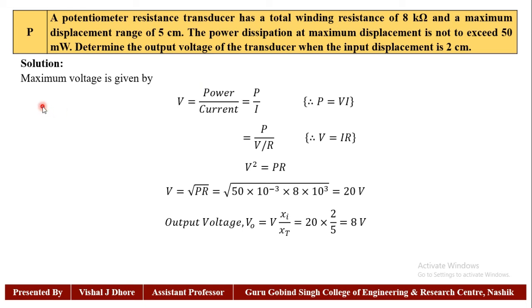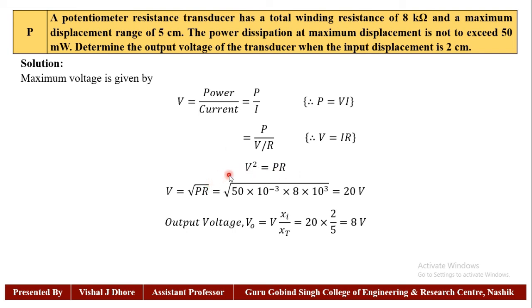As per this statement, first of all, we calculate the maximum voltage. We know the formula power is equal to voltage into current. But we know that current is equal to V upon R. So instead of I, we put V upon R, giving P equals V square upon R. So V square is equal to PR.